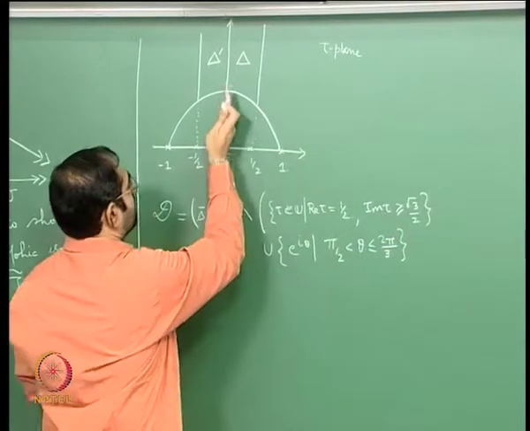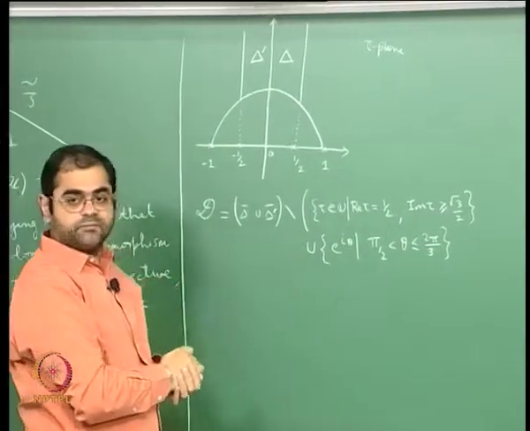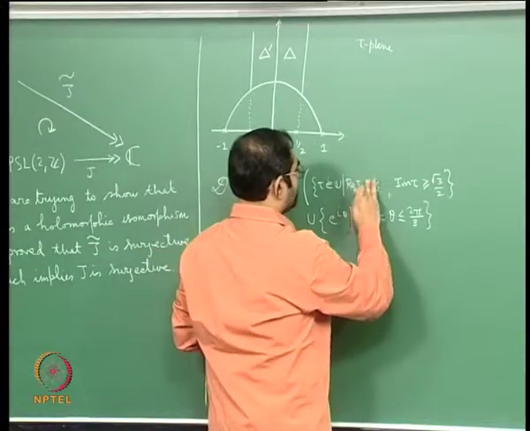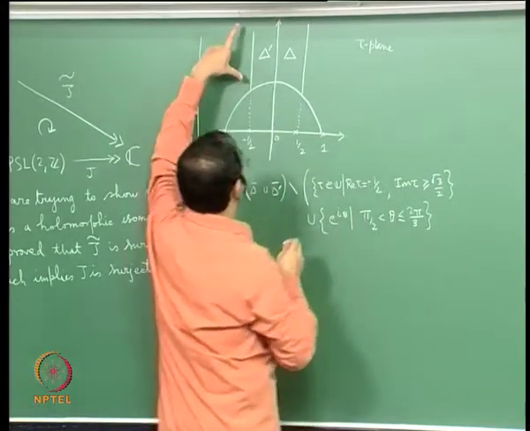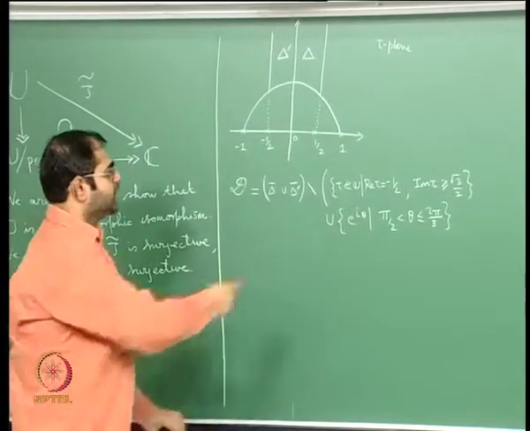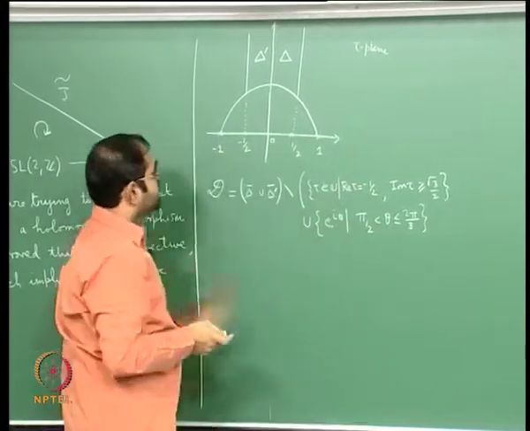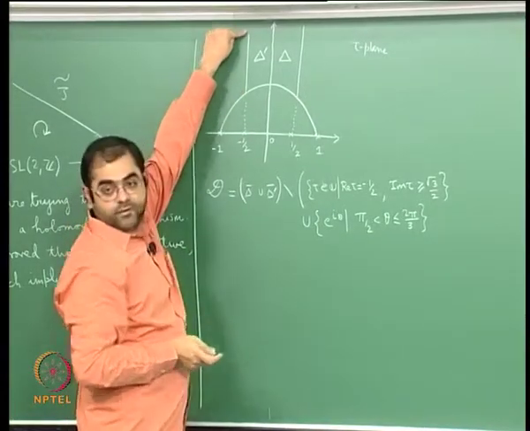So that amounts to taking away this arc. So finally, this should be real part of tau is minus half, correct, yes, I want to take out this line, this ray that I want to take off, okay.